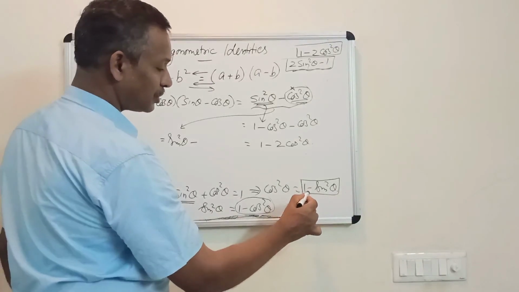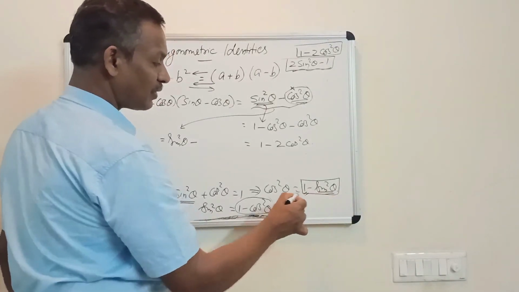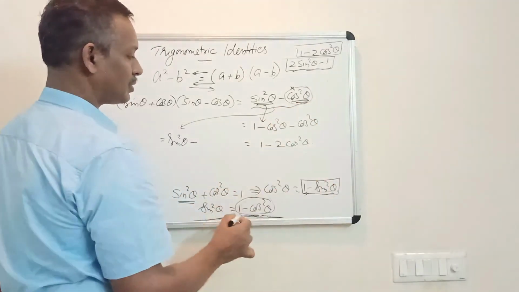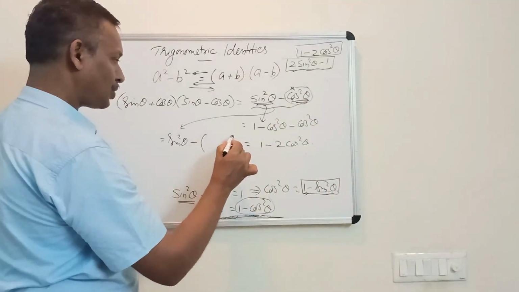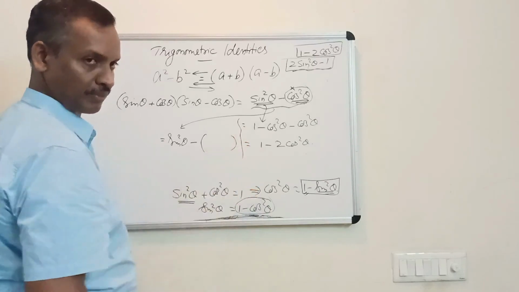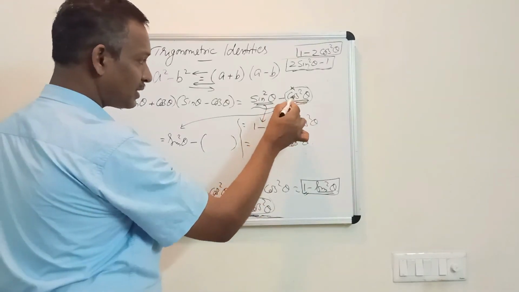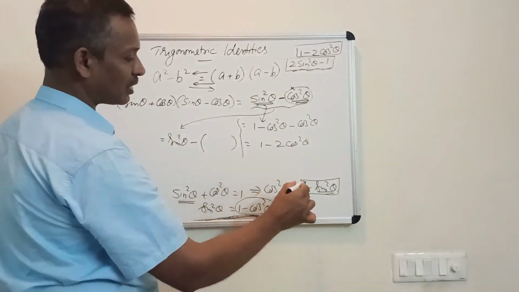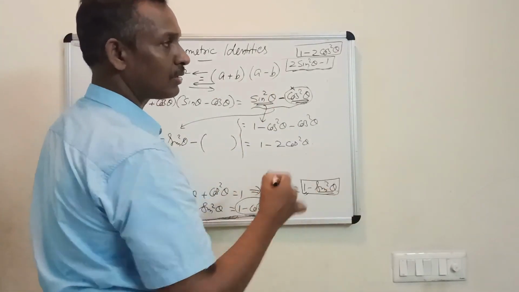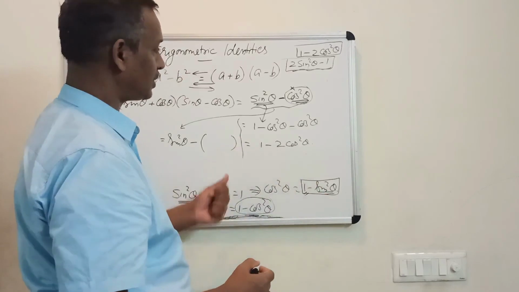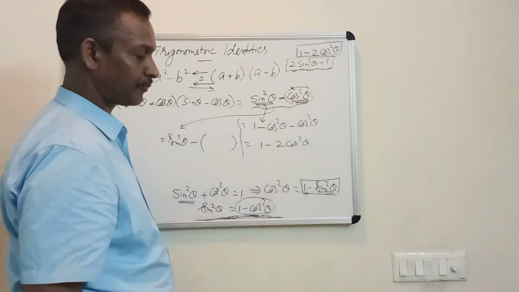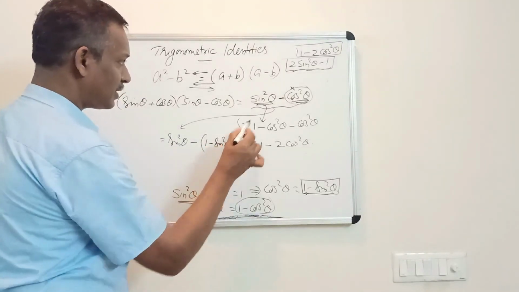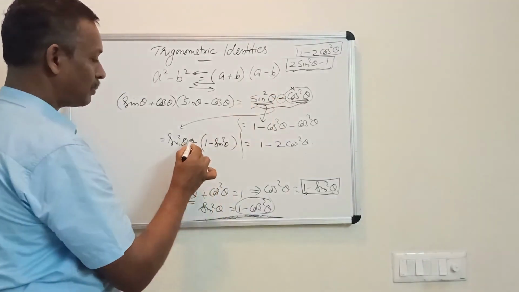But this right side has 2 terms. Whenever you want to replace one term with 2 terms, you should use a bracket, because in front of this single term there is a minus sign. This minus will work on both the terms which are to be substituted in the place of cos square. So 1 minus sin square theta. That means this minus is applicable to both the terms.